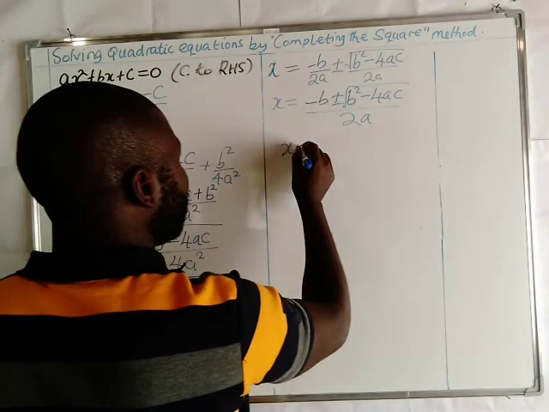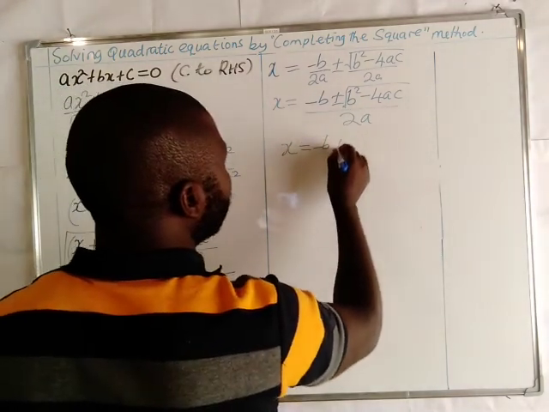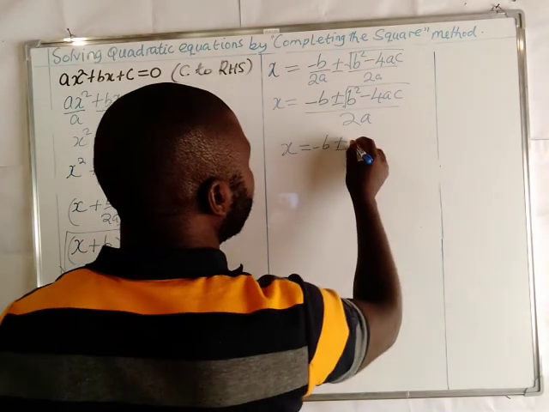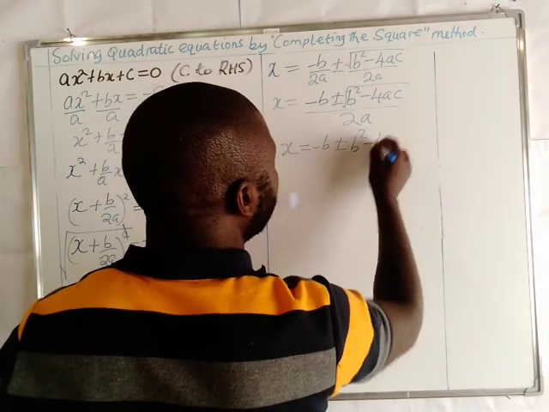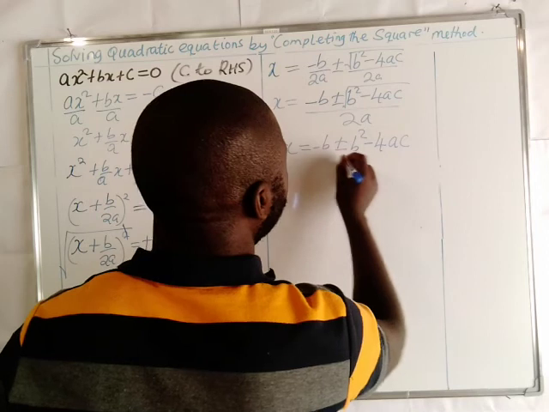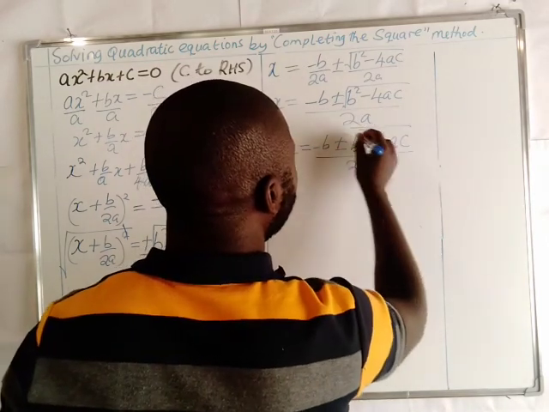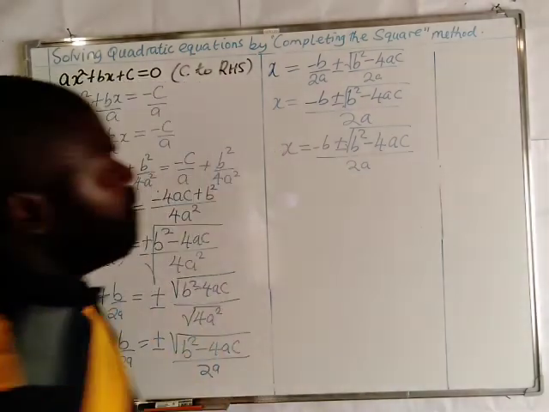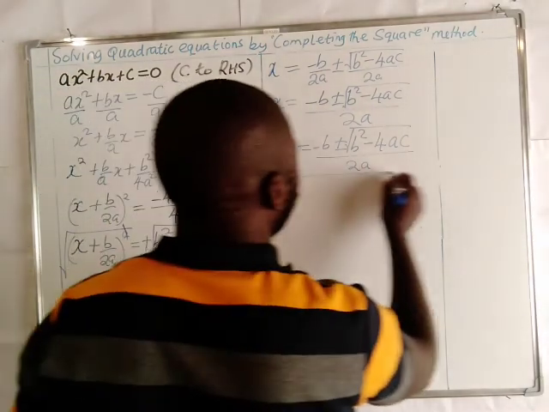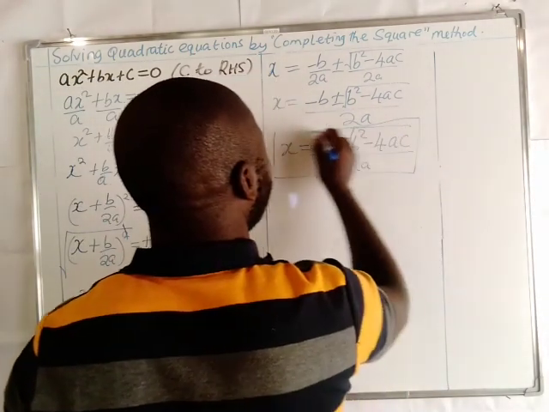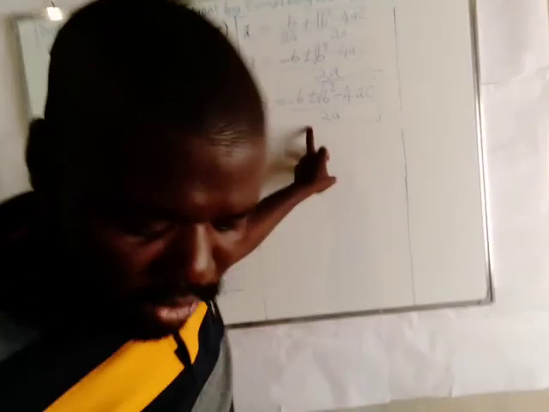So finally we have this, which is what we call the quadratic formula. So this is the quadratic formula.